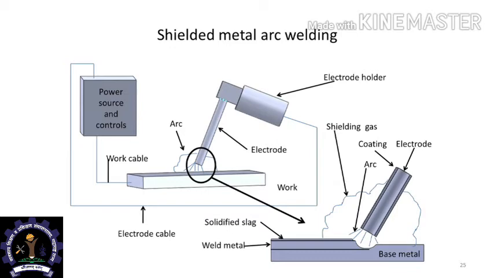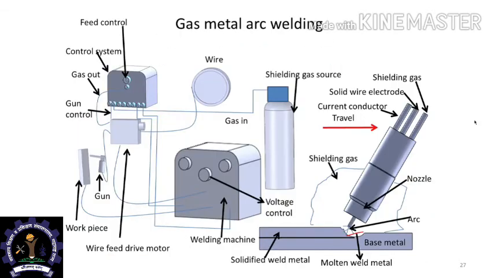The entire fusion zone is then covered with a shielding gas that is also generated during the arcing process, aided by the coating material, and that is going to protect the welding process happening under the electrode. The shielding gas plays an important role in the stability of the arc as well as in protecting the material that is being deposited. So, let us just look at some of the further.